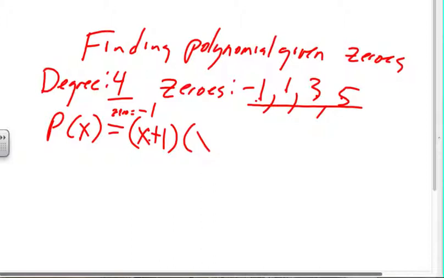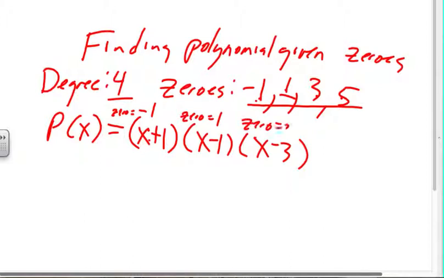And then we'll have an x minus 1, which is the 0 equals 1. Then we'll have an x minus 3, which is obviously from the 0 equals 3. And I'll have an x minus 5 from the 0 equals 5. Okay? So this is if they actually give you the 0.